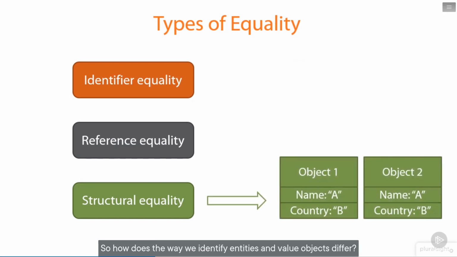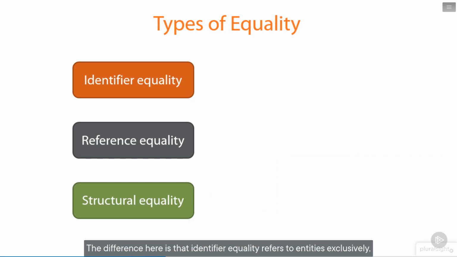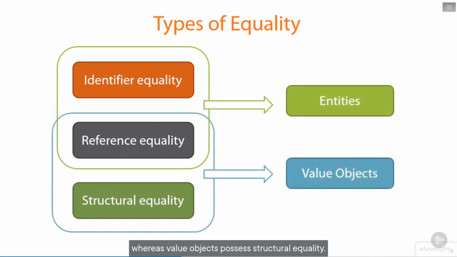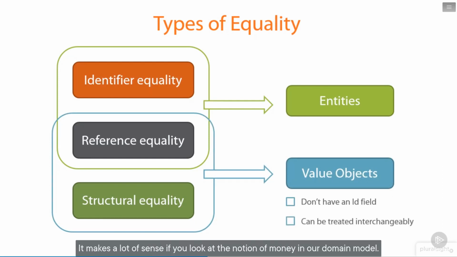So how does the way we identify entities and value objects differ? The difference here is that identifier equality refers to entities exclusively, whereas value objects possess structural equality. In practice, it means that value objects don't have an identifier field, and if two value objects have the same set of attributes, we can treat them interchangeably. It makes a lot of sense if you look at the notion of money in our domain model.